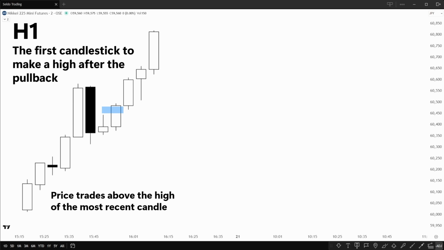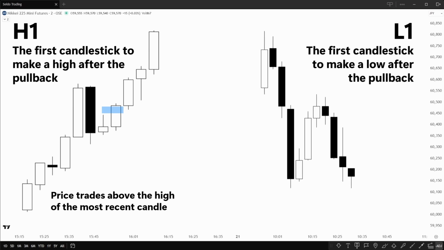That's the H1, the first new high after the pullback. In a bear trend, the same logic applies in reverse. After a pullback, the first candlestick to trade below the low of the prior candle is an L1, the first candle to make a new low.